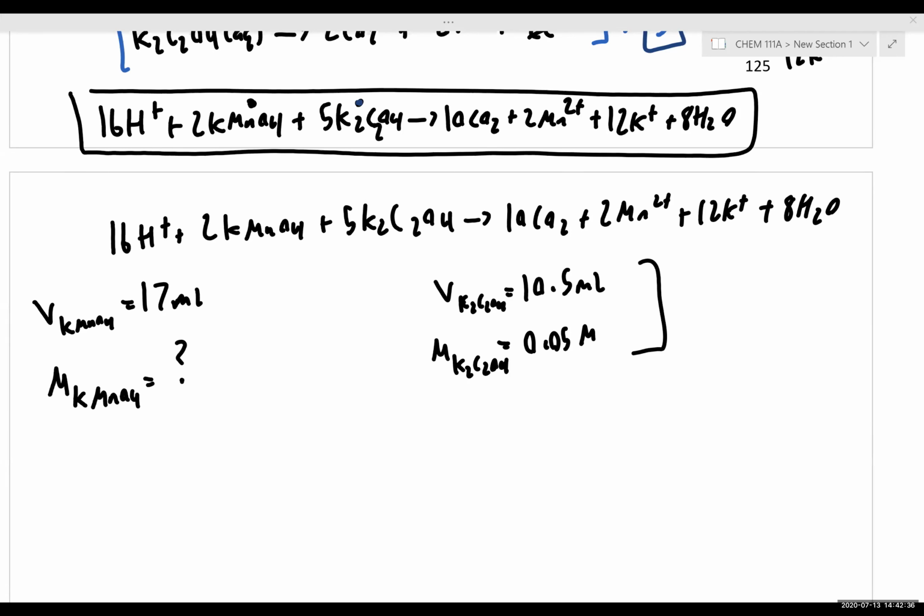Now that we have our balanced equation, it's just a typical titration. Don't be shy to submit your responses via the chat or unmute and communicate your responses verbally. And if you have any questions, don't be shy to ask them verbally or in the chat.